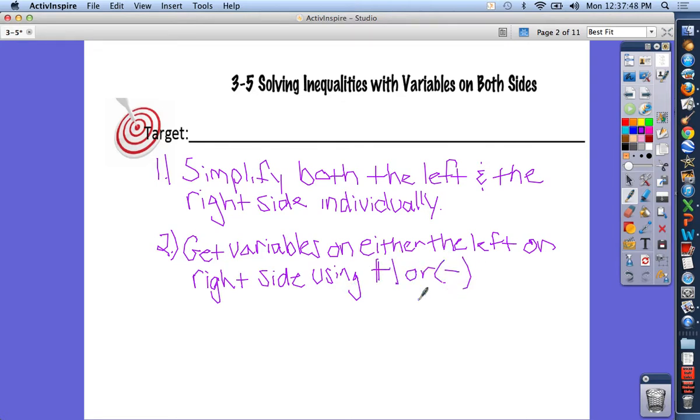And I apologize about the pen, guys. I think it's the recording that's making it so choppy. And step number 3 is to solve. Step 4, graph. If you need to hit pause and write these down, you're more than welcome to do that. We're just going to jump into it though.